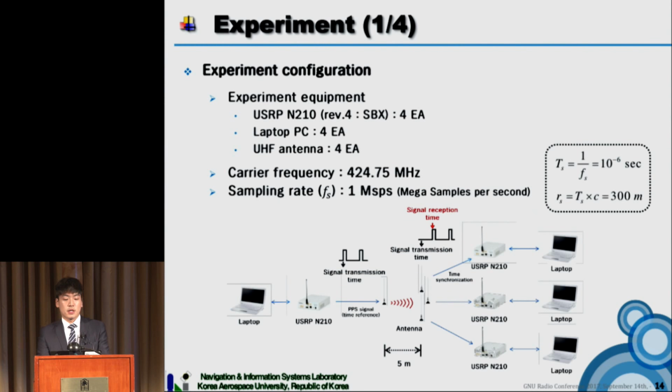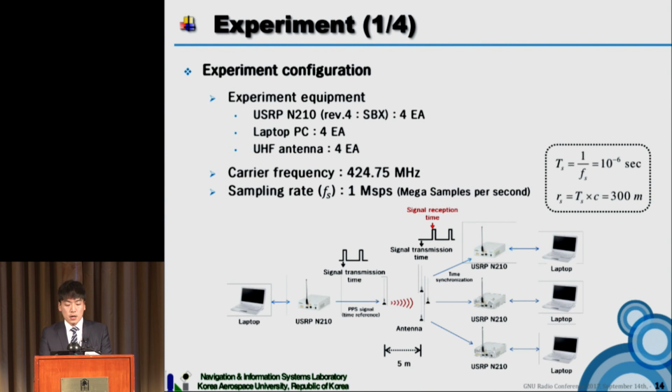Four Ettus USRP N210 with SBX daughter boards, 4 laptop PCs, and 4 ultra-high frequency band antennas were utilized in the experiment. 424.75 MHz was selected as the carrier frequency. Data sampling rate was 1 megasample per second.